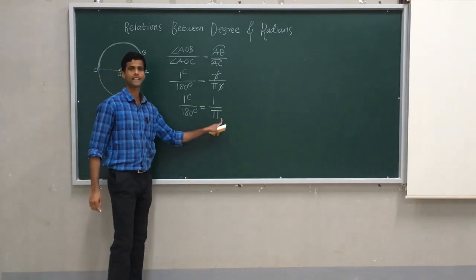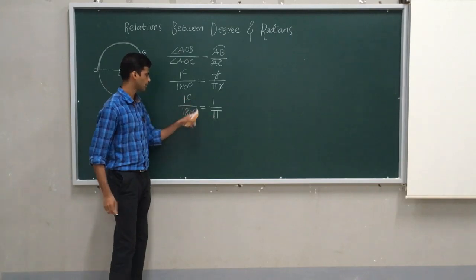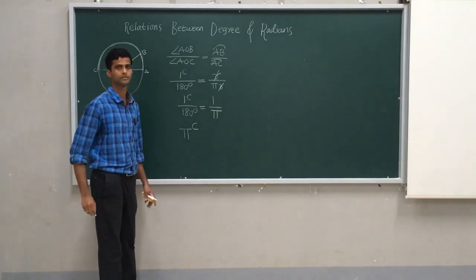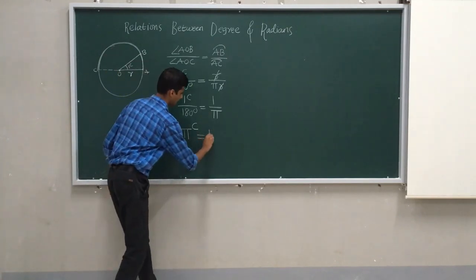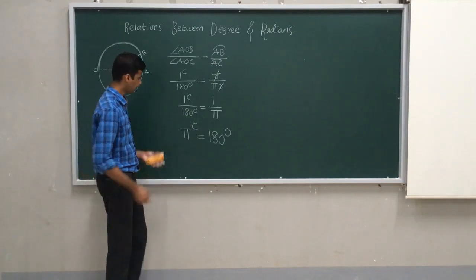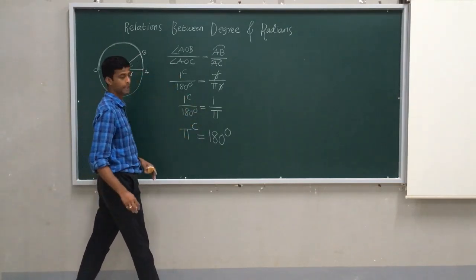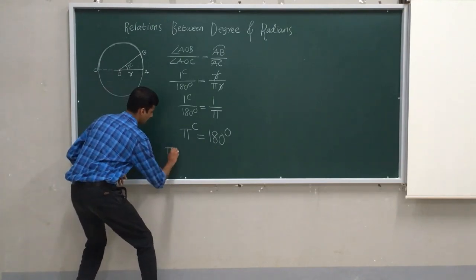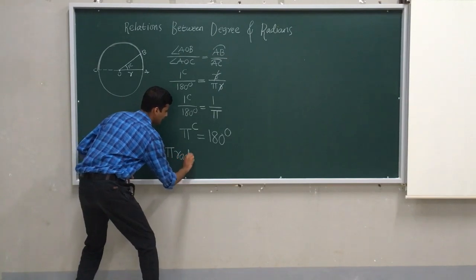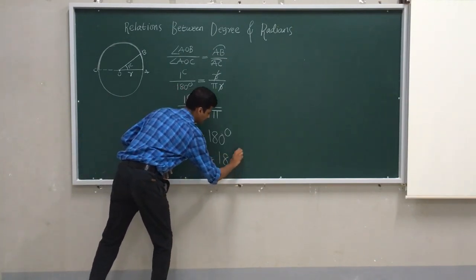We all know pi is a constant quantity. 1 radian is a constant quantity. Constant quantity is this. I'll write for the time being pi radian, equal to 180 degrees. Or if you are confused, you may ask, sir, why did you write pi into 1 as pi radian? You may write pi radian because you multiply pi with the radian. So pi radian is equal to 180 degrees.